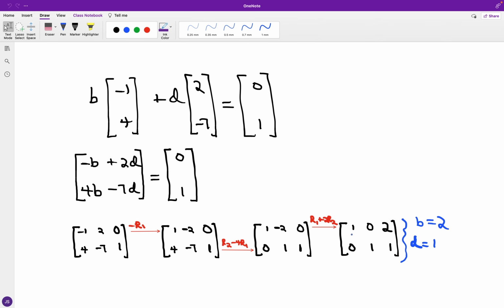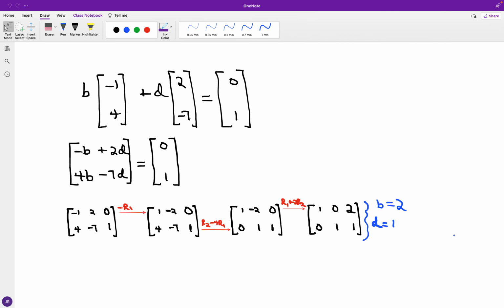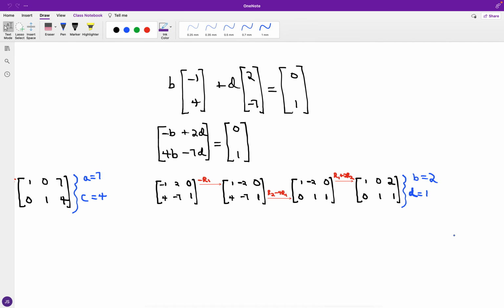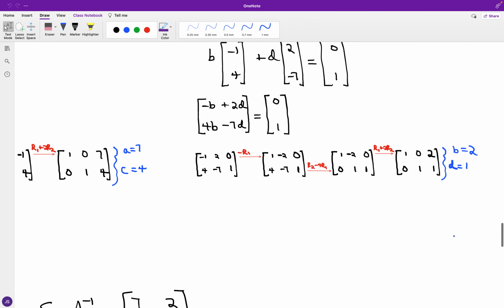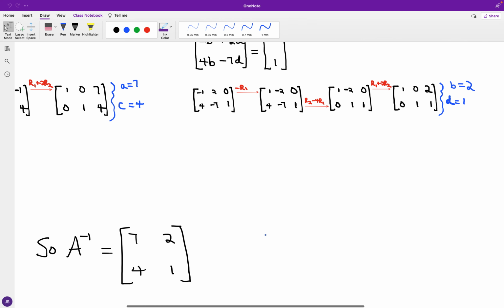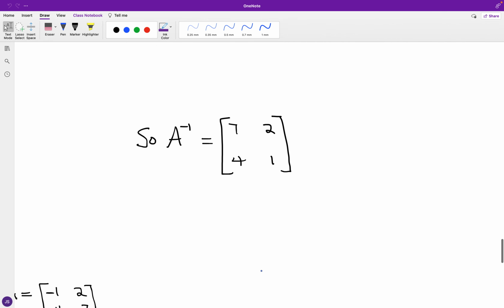So the top row is going to be 1, 0, 2, the bottom still at 0, 1, and 1. So this will signify that B is equal to 2 and D is equal to 1. And then consolidating, it's going to turn out that for the inverse, we have 7, 2, 4, and 1.